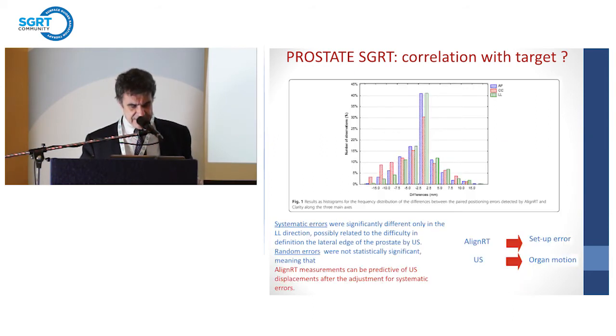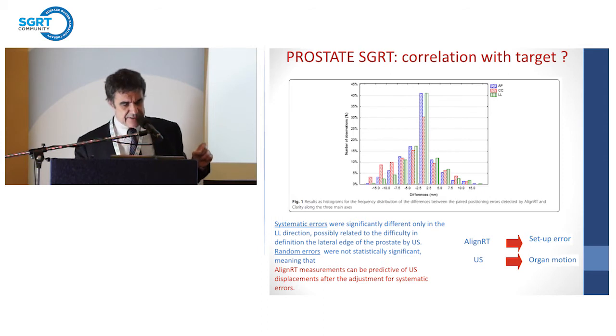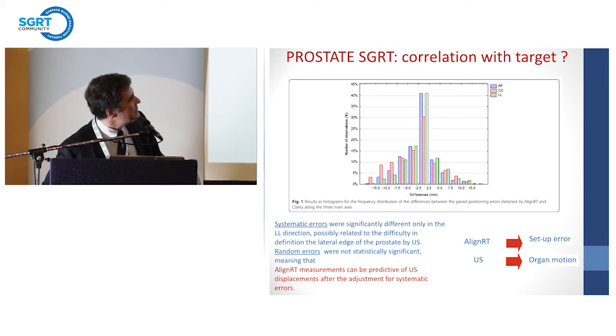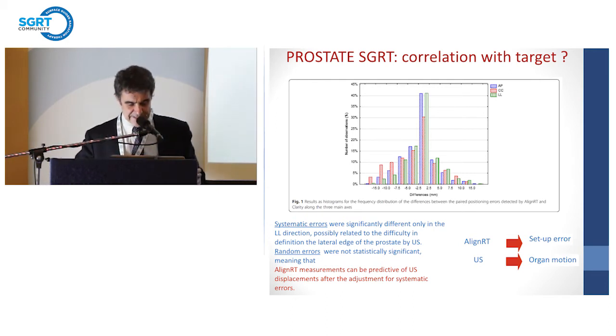And this was the difference detected by the two systems. And it is interesting that the distribution was not really a Gaussian distribution, but there was some asymmetry in this distribution, showing that probably there was not only a random error, but also some difference in detecting the systematic error.